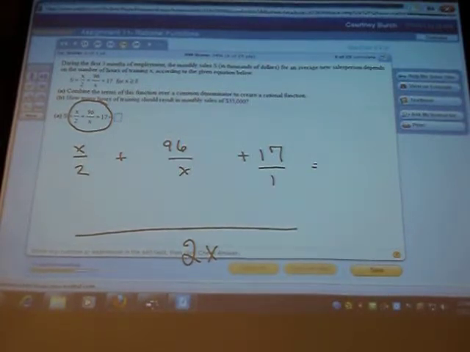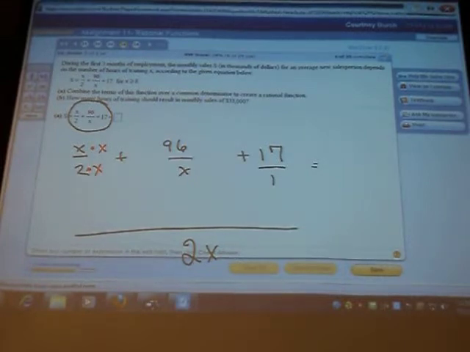Then I want to ask what I am missing from each denominator to make it 2x. First term, I'm missing the x. I need to multiply 2 times x to make it 2x. So if I do that to the denominator, I need to do that to the numerator as well.